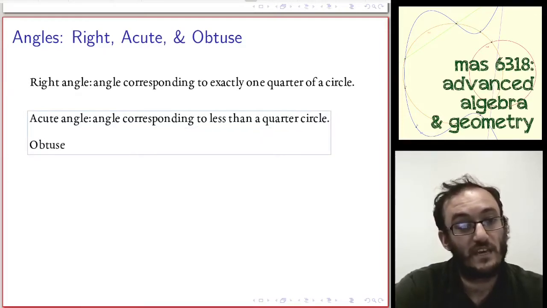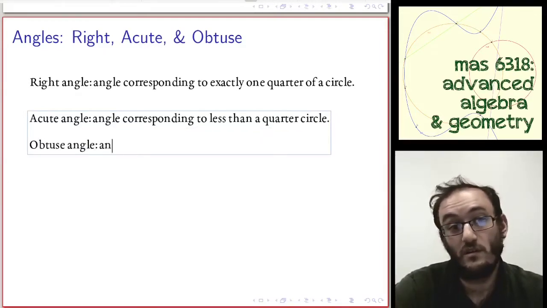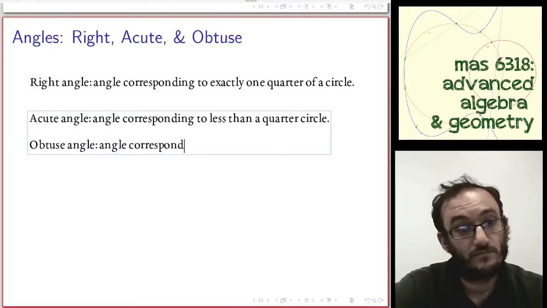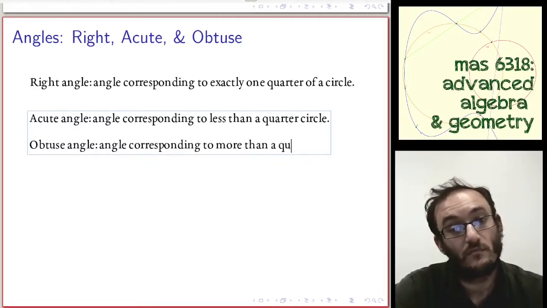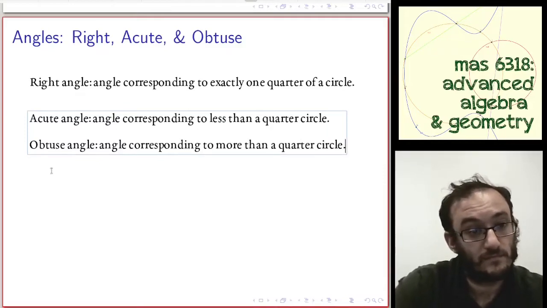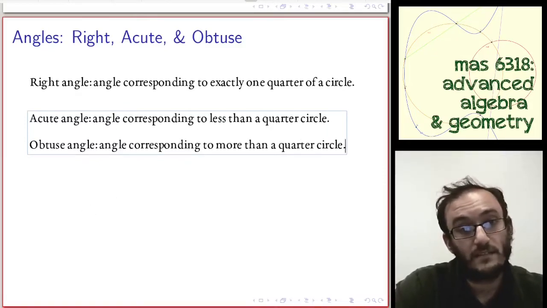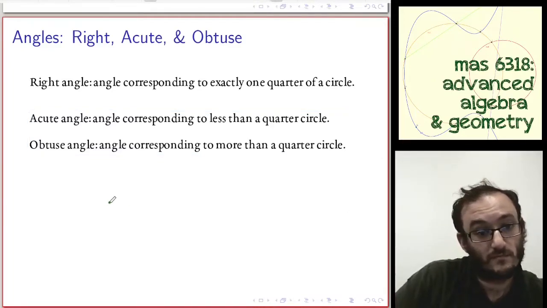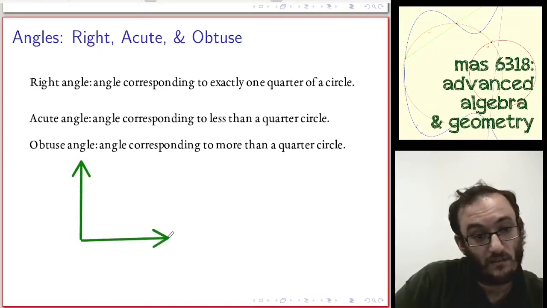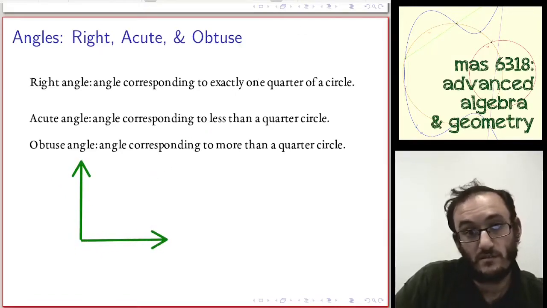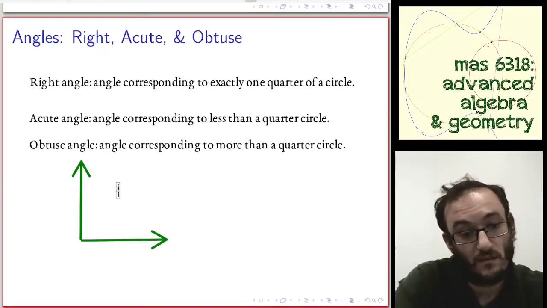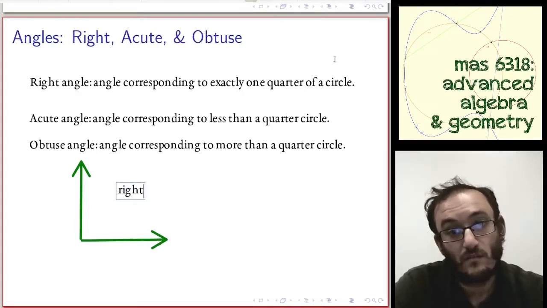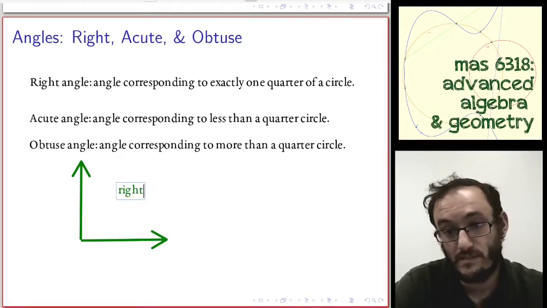And an obtuse angle corresponds to more than 1/4 circle. Okay, and we'll draw some pictures. So start with a right angle. This corresponds to exactly 90 degrees, 1/4 circle.